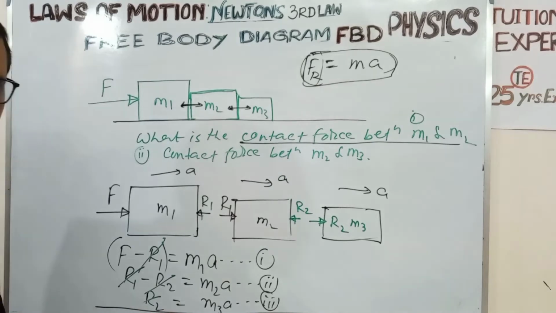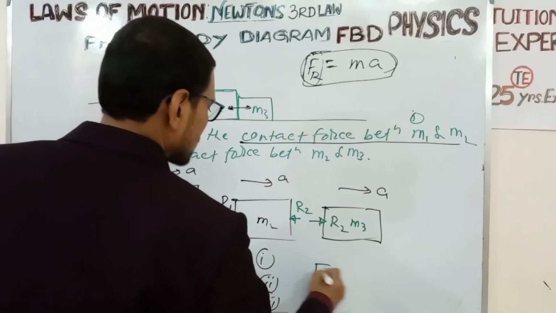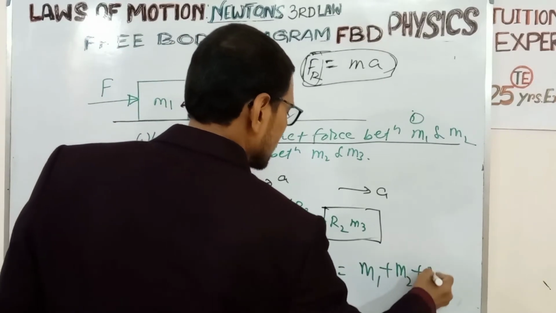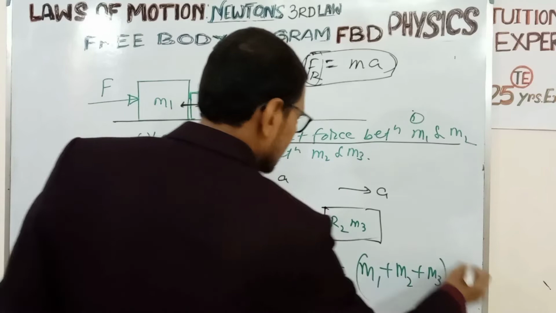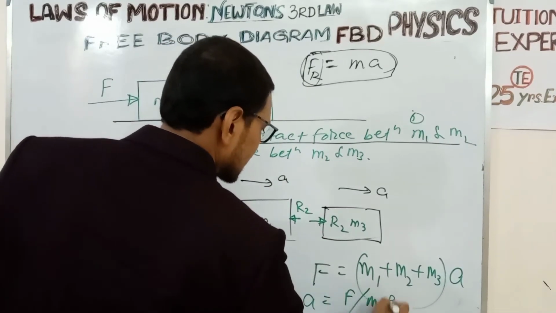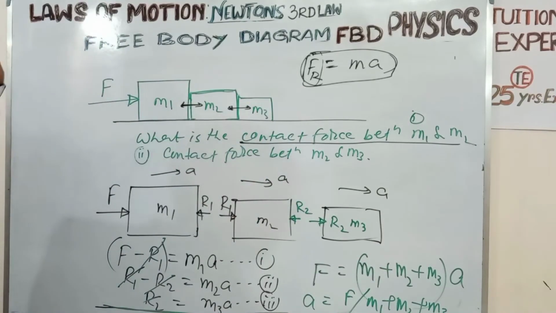So F equals m1 plus m2 plus m3 into a. Now a equals F divided by this. So we get the acceleration.